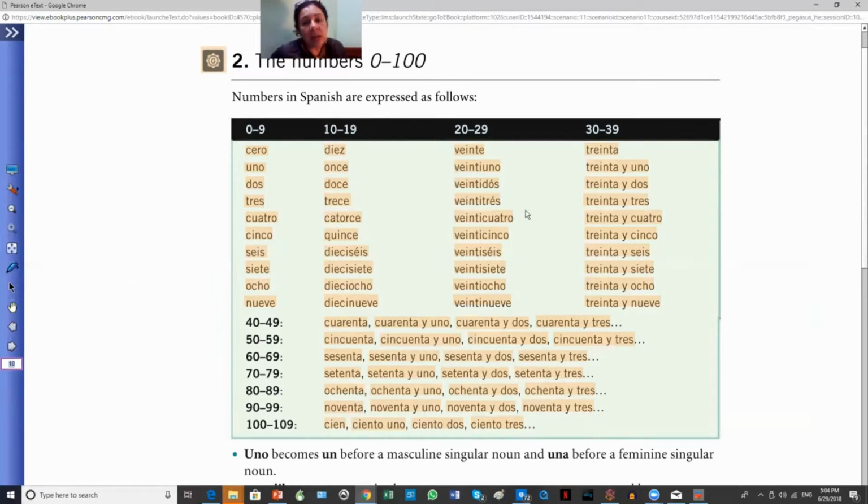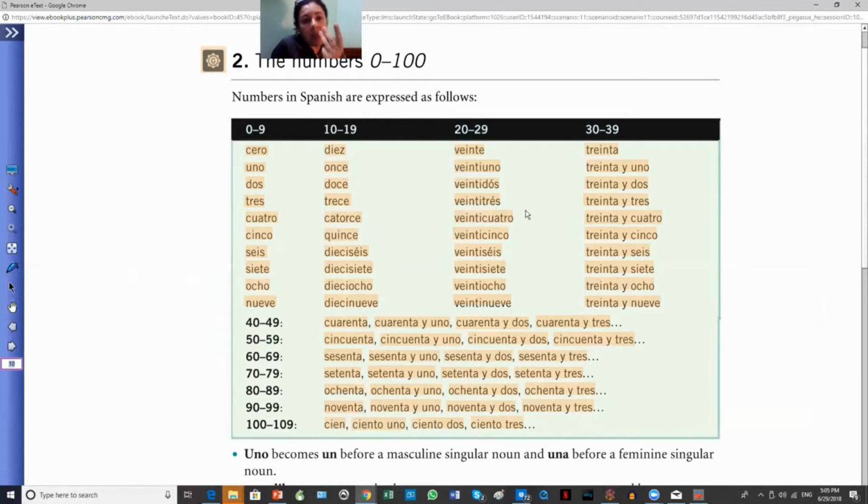Because after that, from 30 to 99, you have three elements. So 30. From 31 to 39, you have three elements separated.